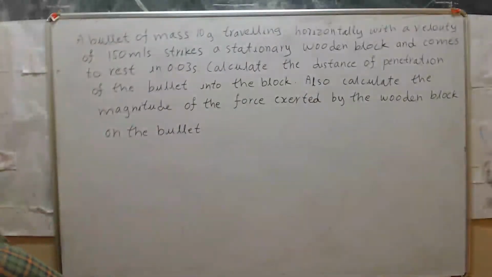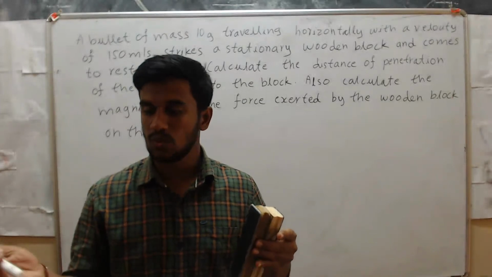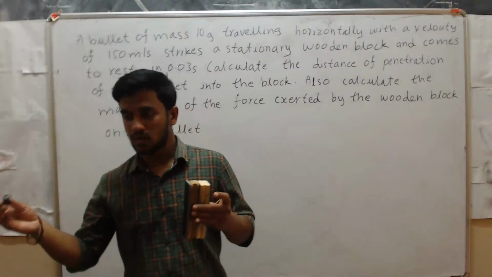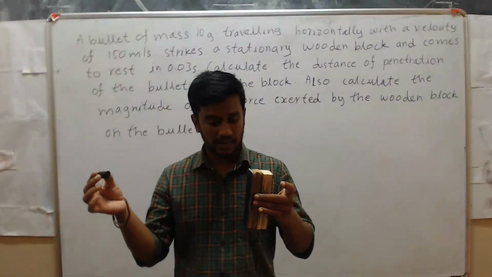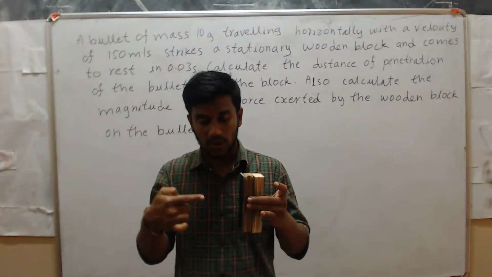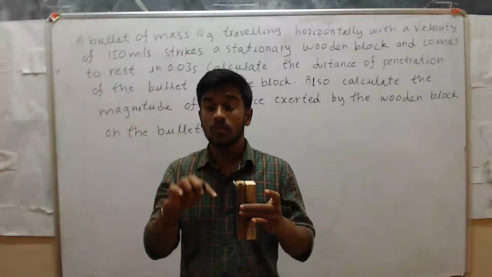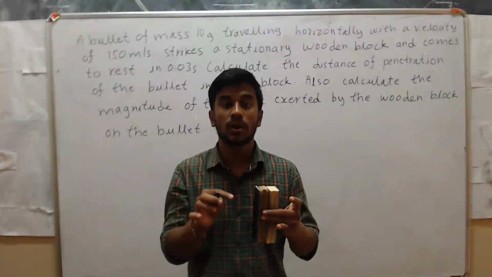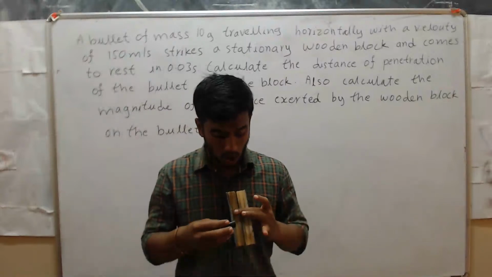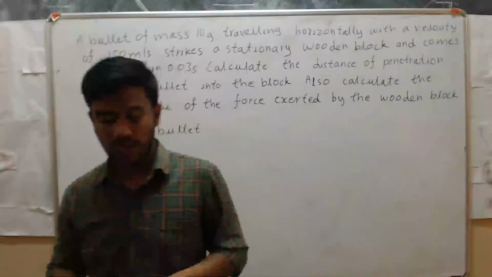One bullet moving with 150 meter per second strikes the wooden block and penetrates, moving inside it, and comes to rest after 0.03 seconds. At that time, how much distance will it cover? You have to calculate that.